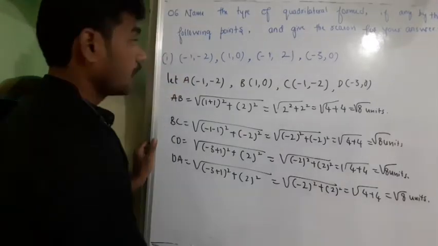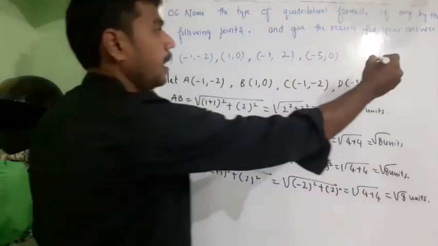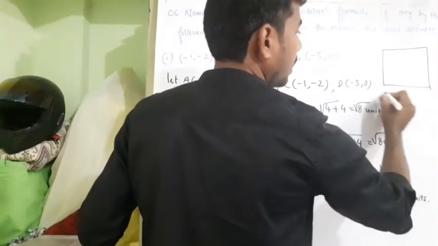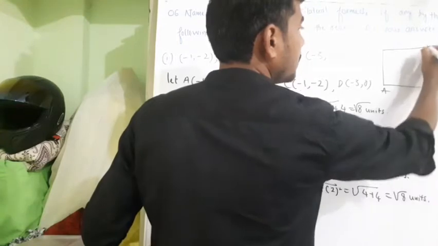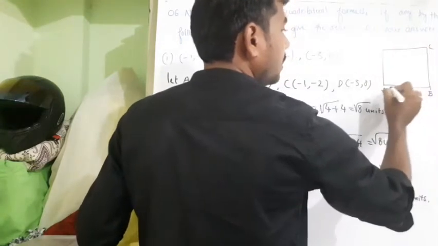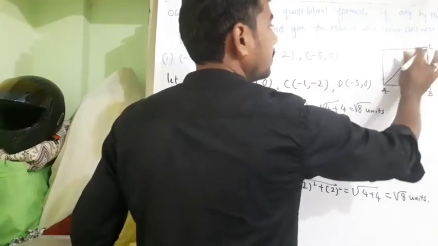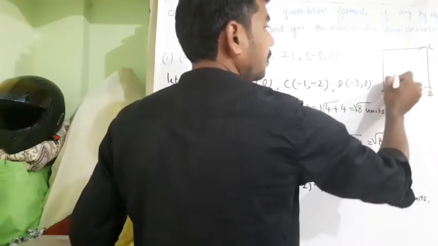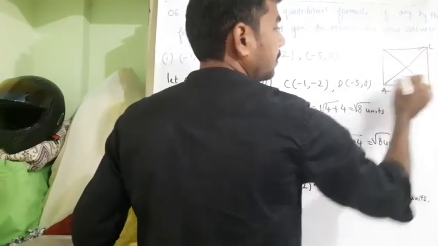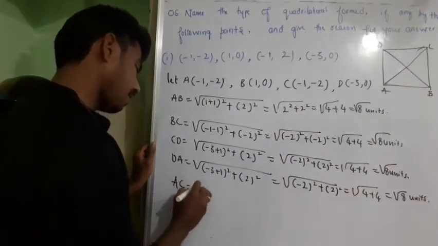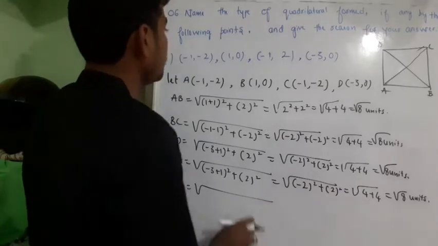Next, diagonals. If I take the quadrilateral ABCD, so AB, BC, CD, DA, and we need to find the diagonals AC and BD. First we'll find AC. Where is AC?